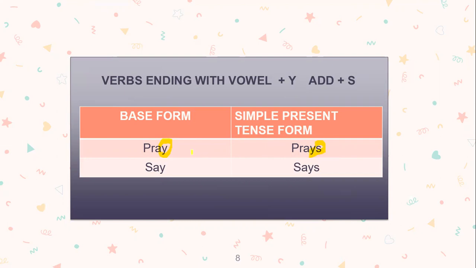So pray in simple present tense becomes prays. Say becomes says. If the verb is ending with a vowel plus y, we add s to it. So this is about verbs ending with a vowel plus y.